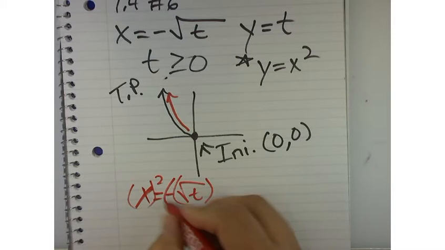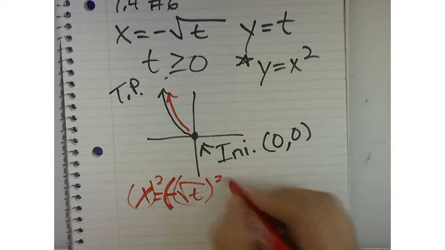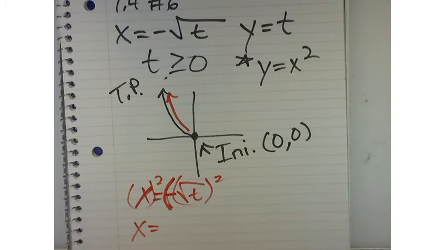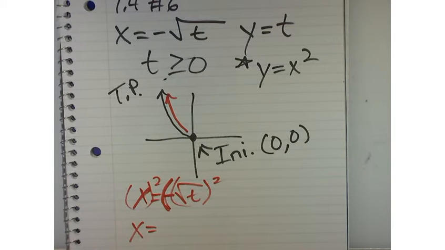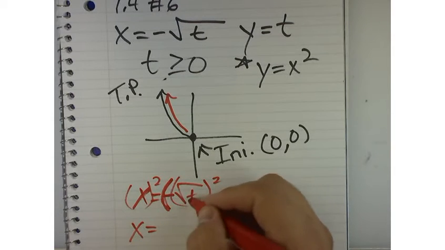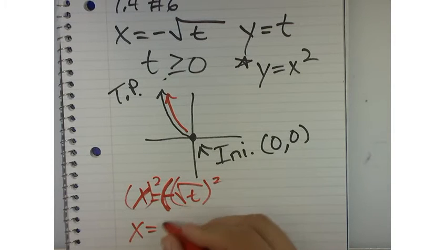Oh, we gotta include the minus sign though, right? I get x squared is equal to t. Why wouldn't it be negative? Well, because when you have negative square root of t times negative square root of t, it just becomes a positive t. So t equals x squared.